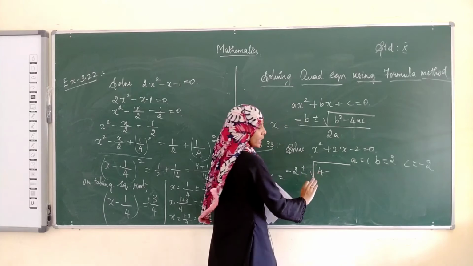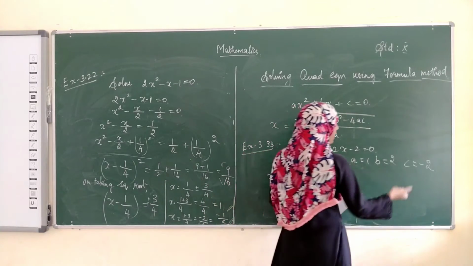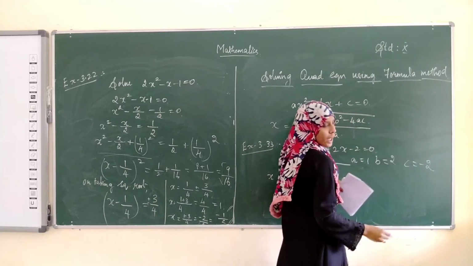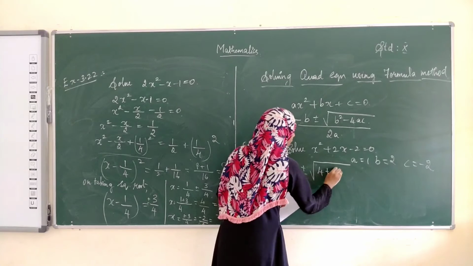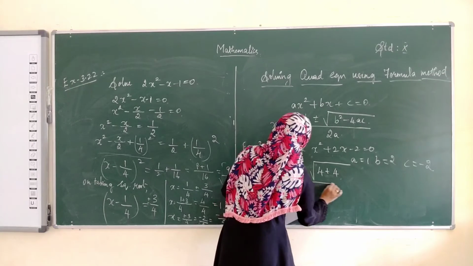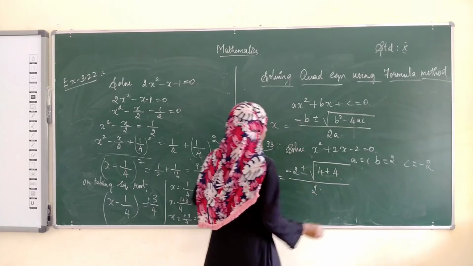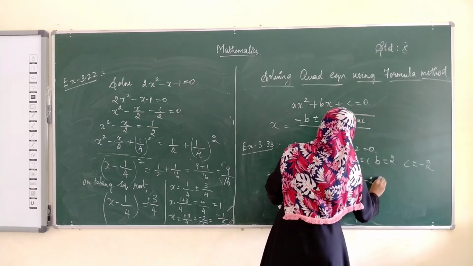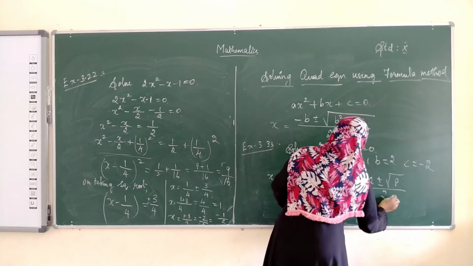So minus, keep it as it is. 4 into a is 4, into c is 4 into minus 2 is minus 8. Here we already have one minus, so minus into minus 8 is plus 8, divided by 2 into a. The value of a is 1. This is 2.